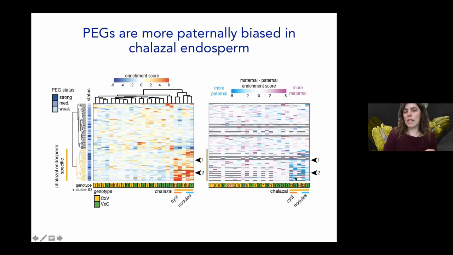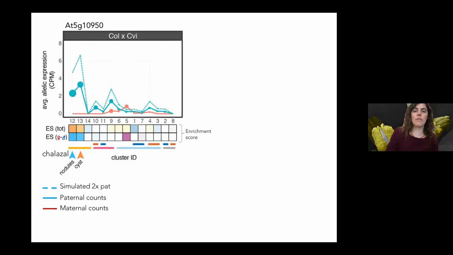And what you can see is in the bottom right corner, again, we have blue. So it looks like the higher expression that we see, or the enrichment of PEG expression that we see in callosal endosperm, is due to increased expression of the paternal allele. So greater paternal bias in the callosal region.